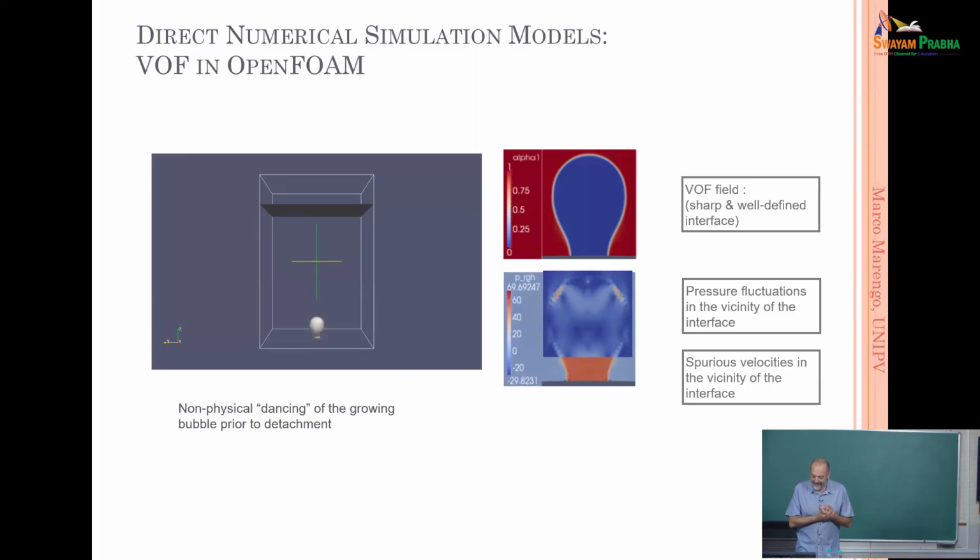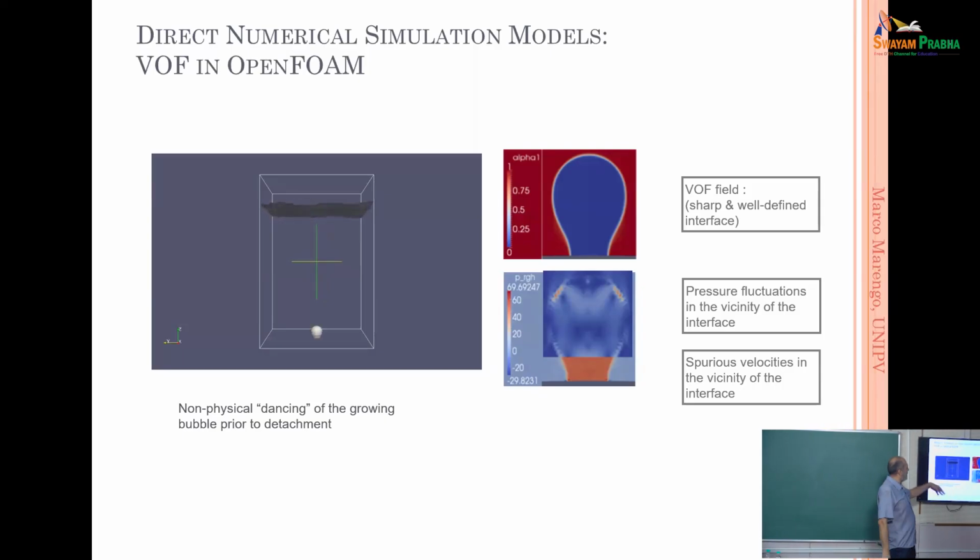You will see that it's not even going to follow a trajectory that goes to the center, but it is still moving a little bit. It's going, in this case, to the right. The next simulation is going to the left, because it really depends on the situation. And then you have the bubble going to the surface, and the surface moving. This is a classical case where we have a problem with the spurious velocity at the interface.